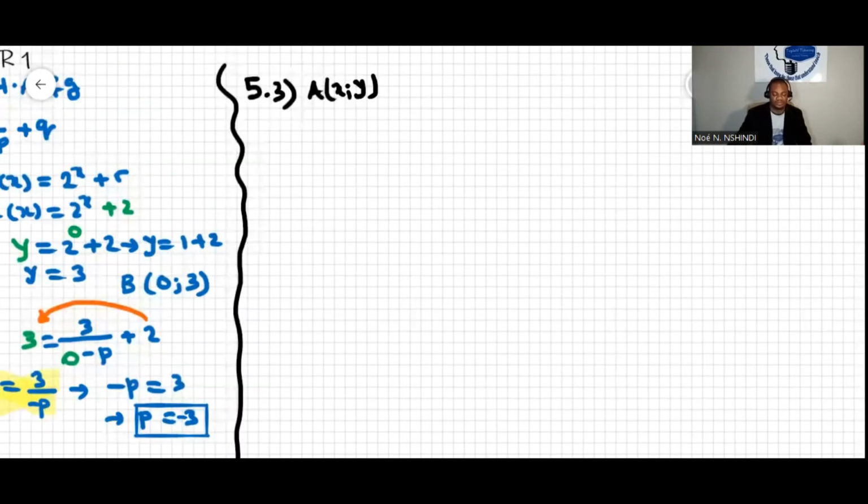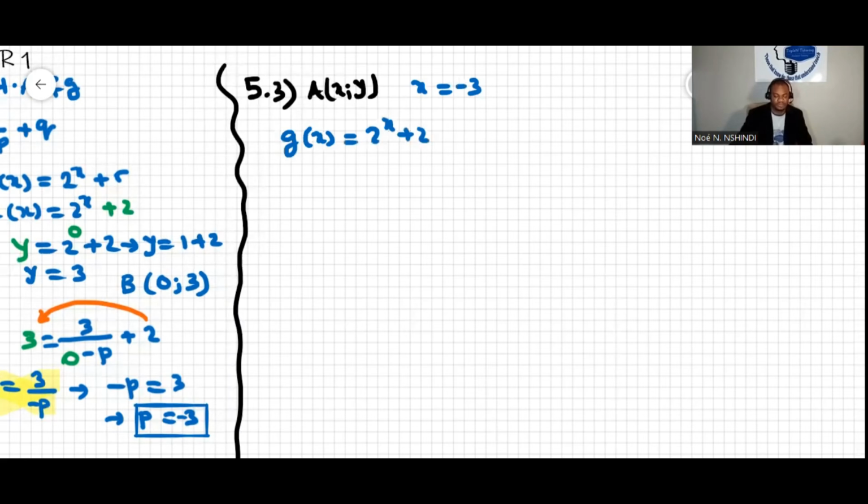Now, we say that the x coordinate of A is negative 3 because it lies on the dashed line, the vertical asymptote of f. So for negative 3, because g of x is given by 2 to the power of x plus 2, we can sub in negative 3 there.